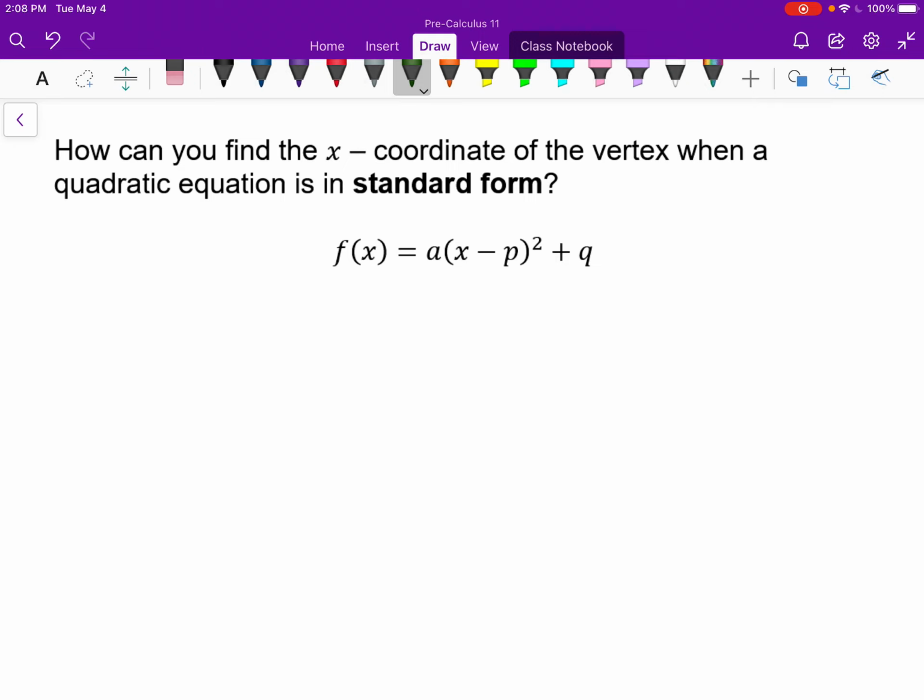So again, right here I have an equation in vertex form, and the p there represents the x coordinate of the vertex. If this equation had (x − 6)², the vertex would have an x coordinate of positive 6.